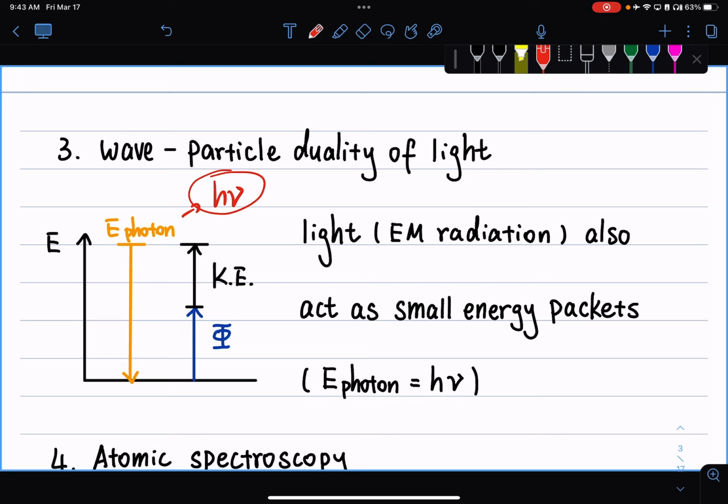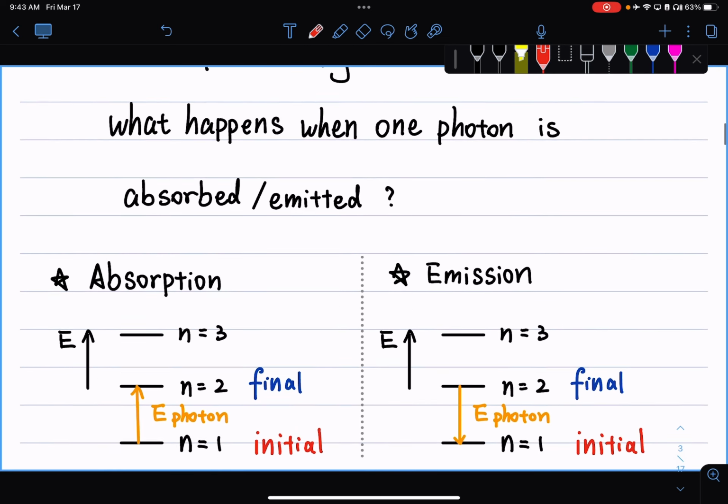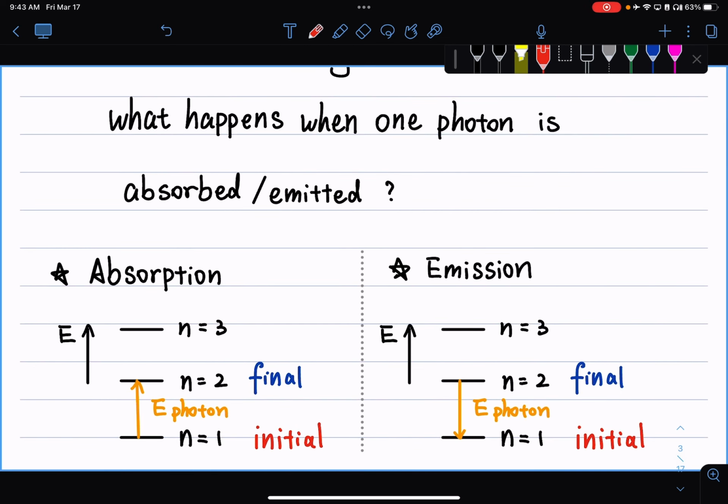With those two fundamental hypotheses in quantum mechanics, we introduce Bohr's law and atomic spectroscopy. In general, in atomic spectroscopy, what we're asking is what's going to happen when one photon of energy is being absorbed or emitted. Right?